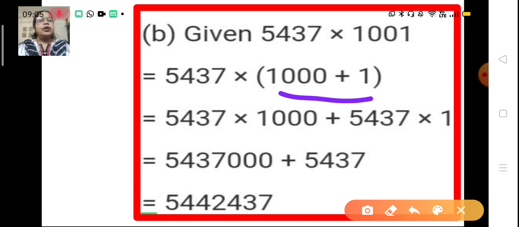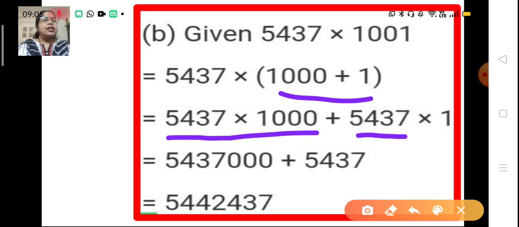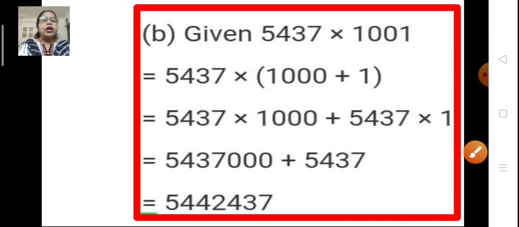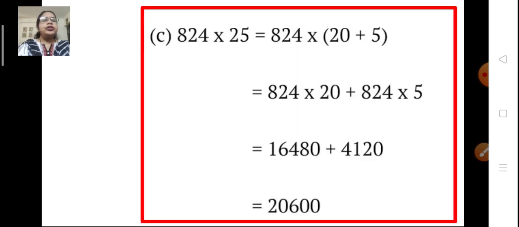So, 5,437 multiplied by 1,000 plus 5,437 multiplied by 1. So, what do we get? We get 54,37,000 plus 5,437. Adding them both, we get the answer as 54,42,437.